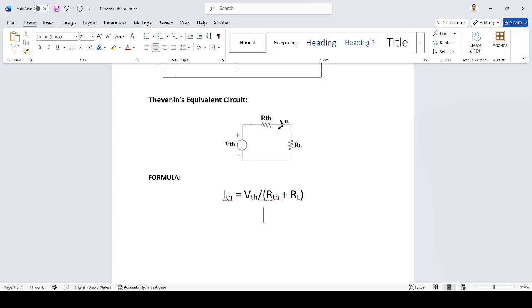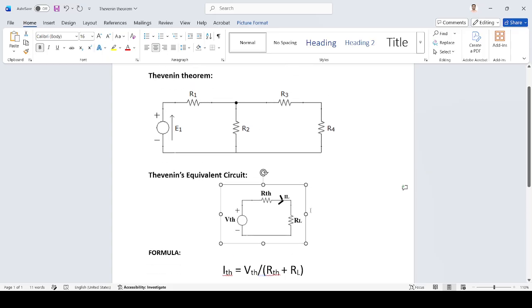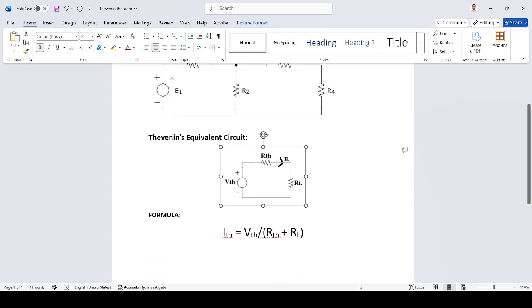When you put in the values, you will get the value of ITH. This is called the load current through the load resistance RL. So this is the analysis of Thevenin's theorem. Thank you.